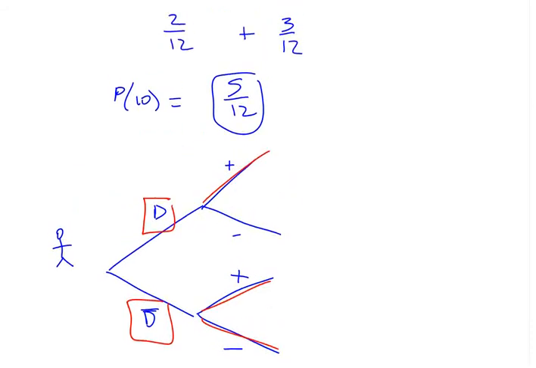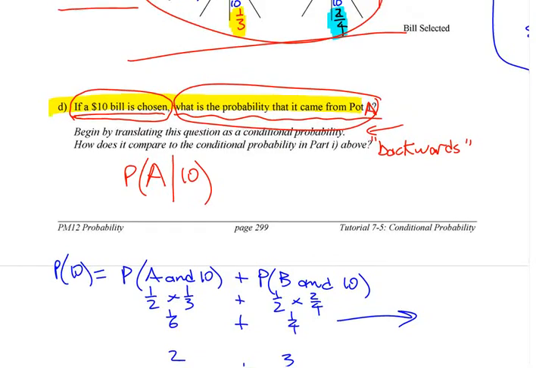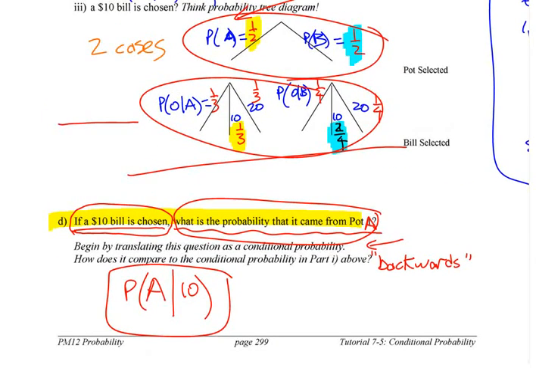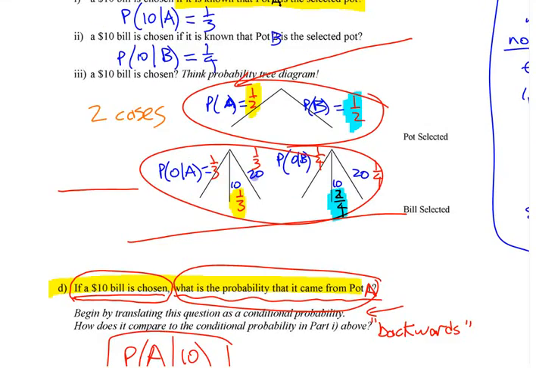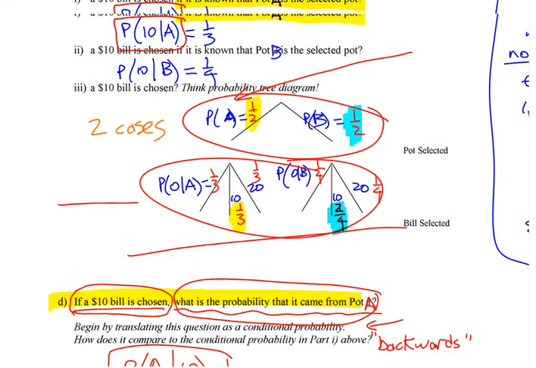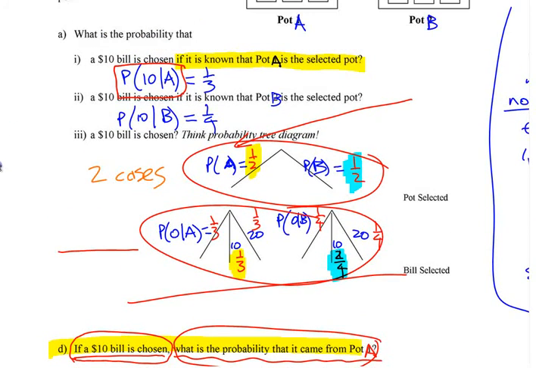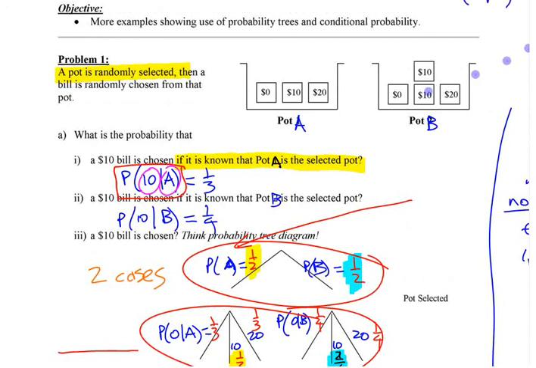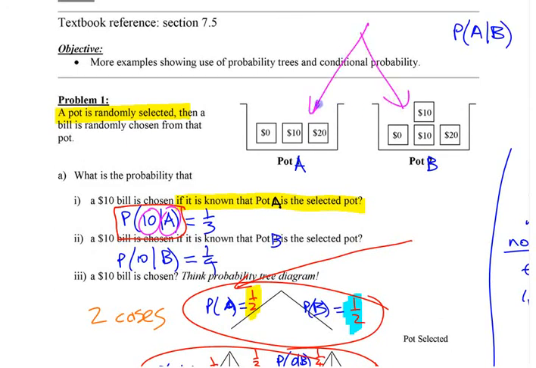I'm showing you this because I want you to see how this is backwards from what I asked you before. Look up here. This said, what's the chance of getting a 10 given that it's A? That makes sense, because you first pick one of the pots, and then you pick one of the bills out of that. So first it's A or B, then it's 10 or not a 10.